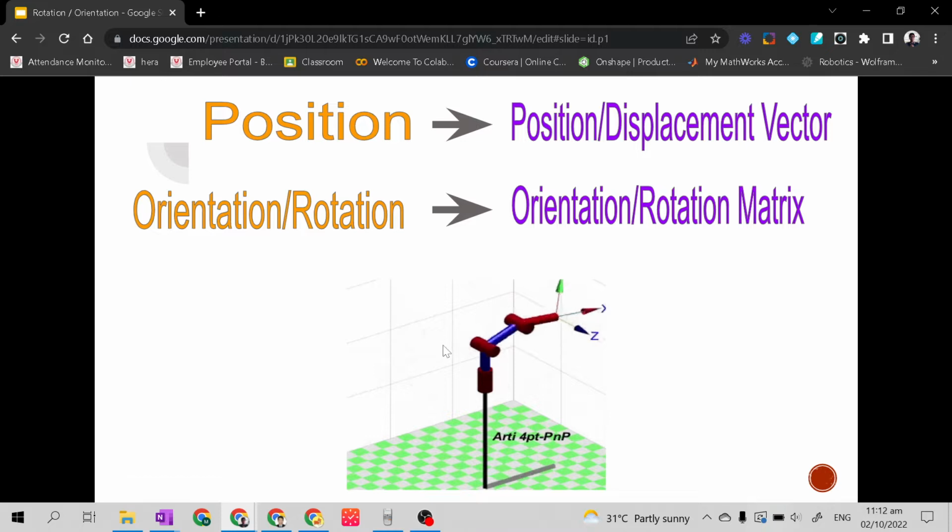But this mechanical manipulator, which has only revolute joints, allows both position and orientation to move, because position and orientation are simultaneously applied in this manipulator. So first we will learn about orientation or rotation, then position in the next days.